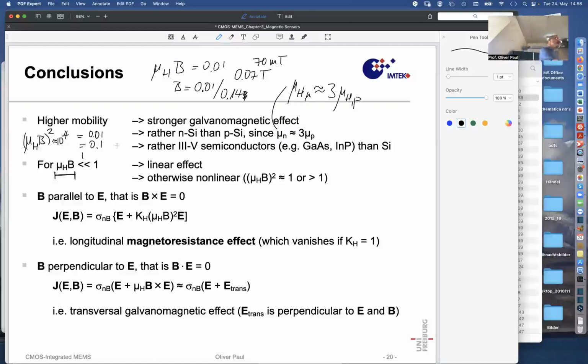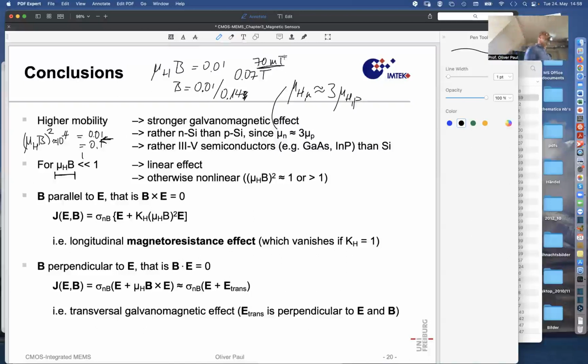But we still make an error of 10% between the linear and the second order. So somewhere in between may be tolerable. 0.01 is probably a bit on the very safe side, but it's definitely on the safe side. And it gives access to many magnetic fields.